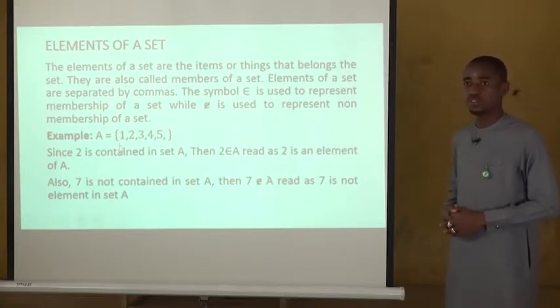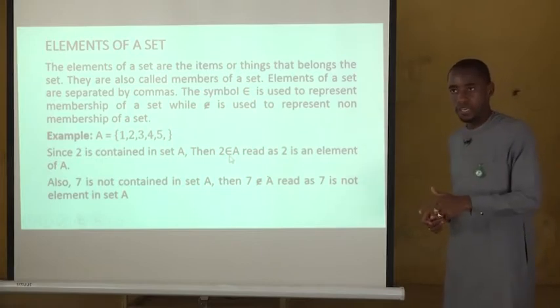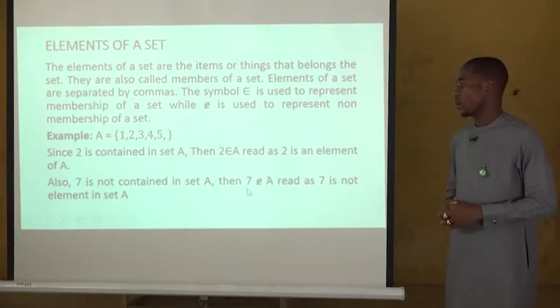Since 2 is contained in set A, meaning 2 is an element in set A, you can read it as 2 belongs to set A, or 2 is a member of set A, or 2 is an element of set A. Then also 7 is not in set A, meaning 7 is not within set A. Then we say 7 is not an element of set A, or 7 does not belong to set A, or 7 is not a member of set A.